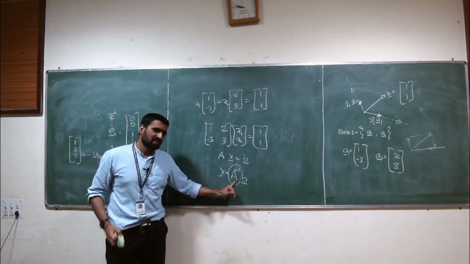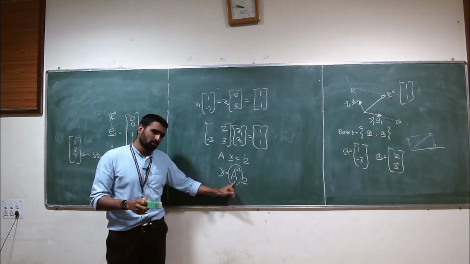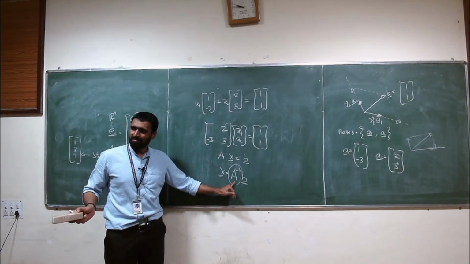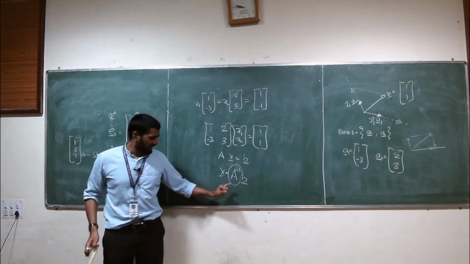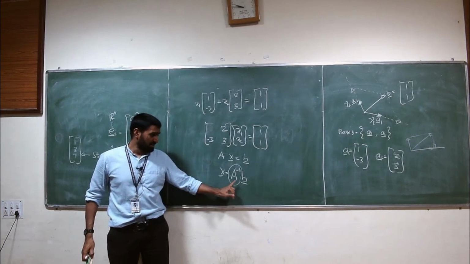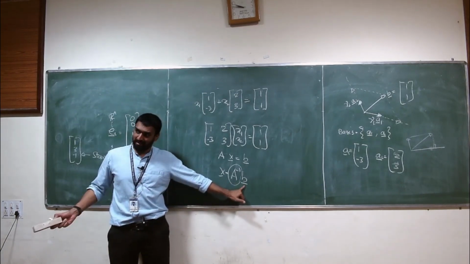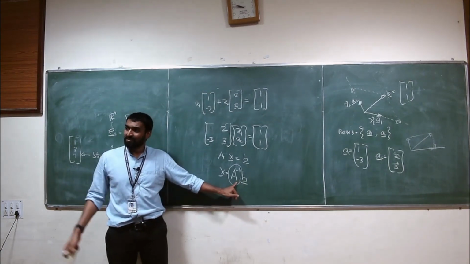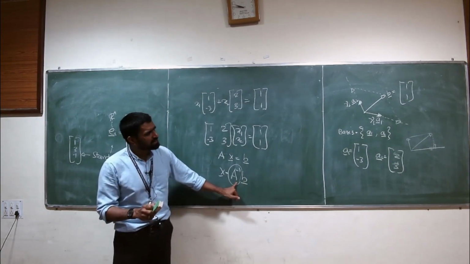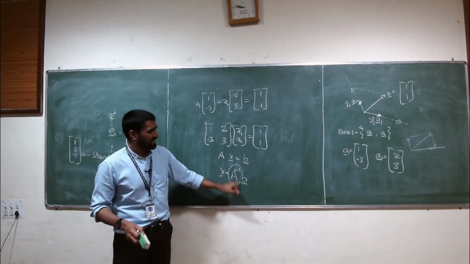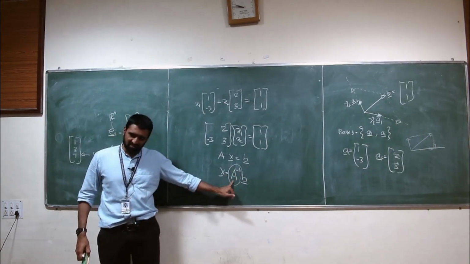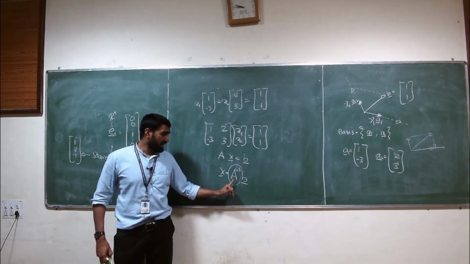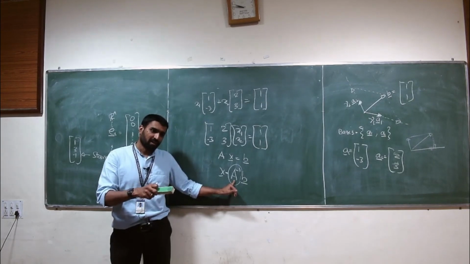A inverse is that matrix which will give you the representation of B in which basis? Exactly. So A inverse simply gives you the representation of the vector B in the basis formed by the columns of A.